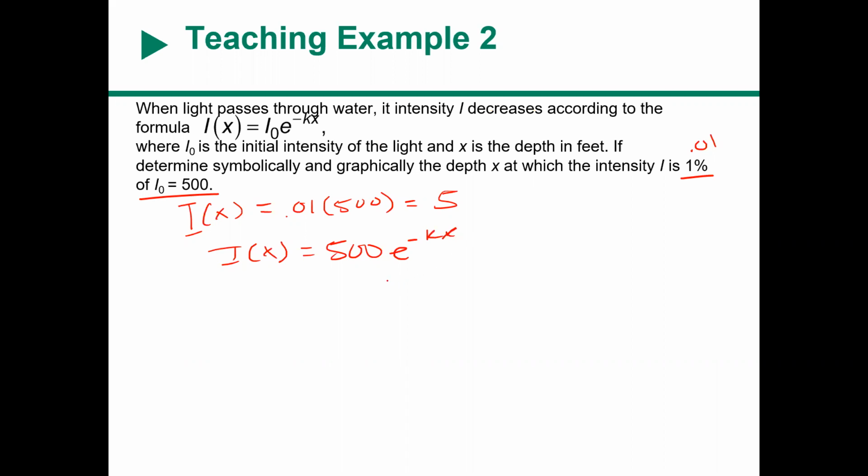And now we're going to need to solve for k. What is our k?